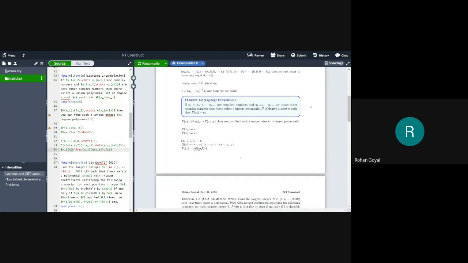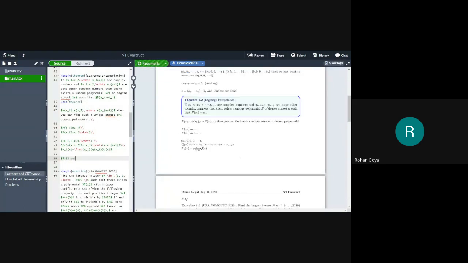Uniqueness idea is also the same as before. The polynomial with the least degree would be unique. Let's say r and s both exist and satisfy these conditions. Then we do the same thing as before. R minus S takes 0, 0, 0, 0.